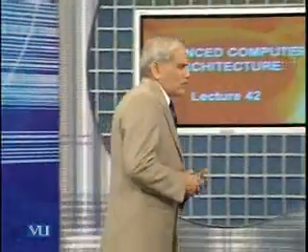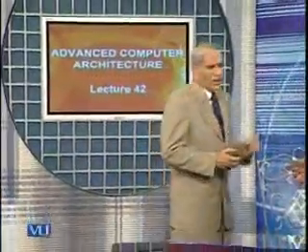Now, with this much discussion about the centralized distributed multi-stage arrangement, let us talk about the distributed switch networks. The distributed switch network is one where the switches are distributed throughout the network.